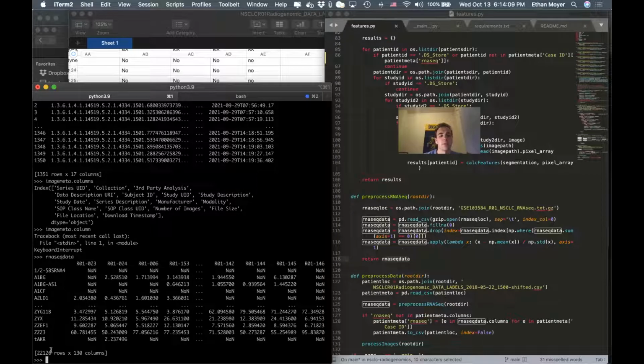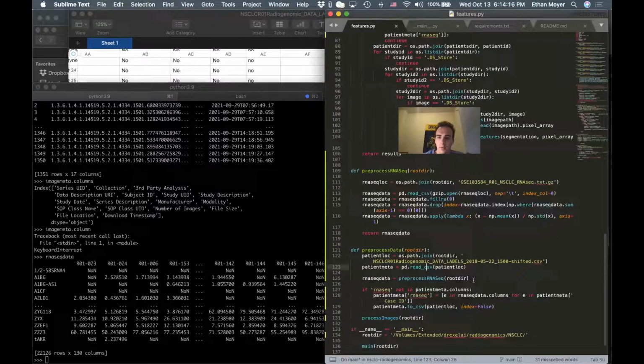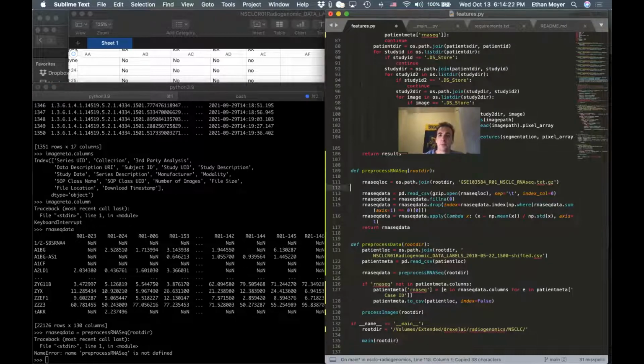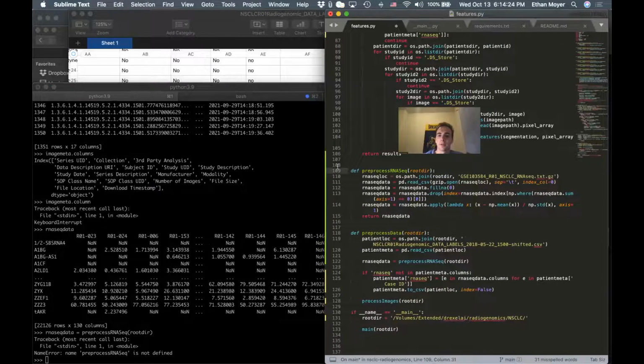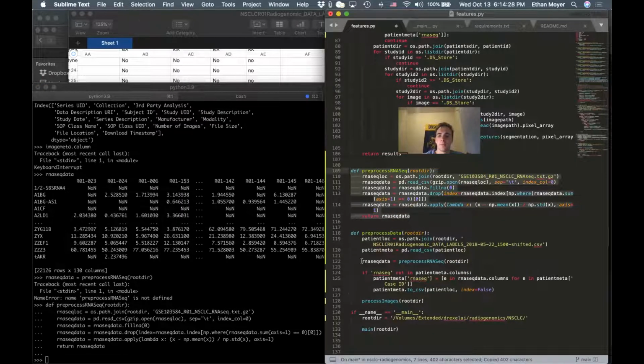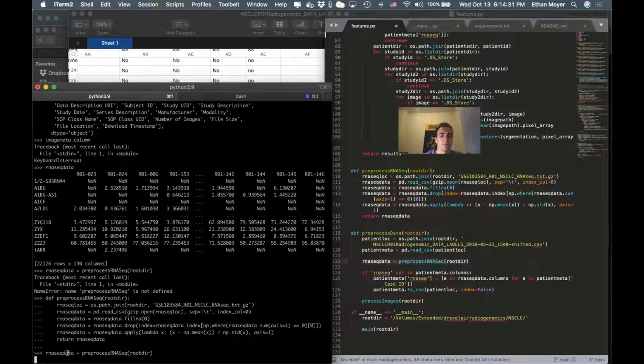22,000 features here. Well, that's not, oh sorry, I just want to show what it looks like when it's clean. I think it should be about 19,000 when I looked at it. It's a lot. It's over 15,000 for sure.